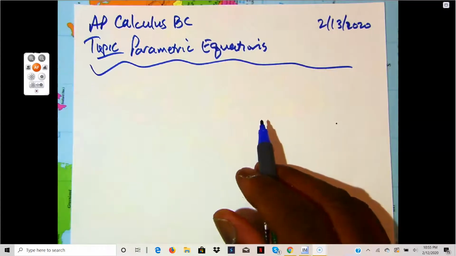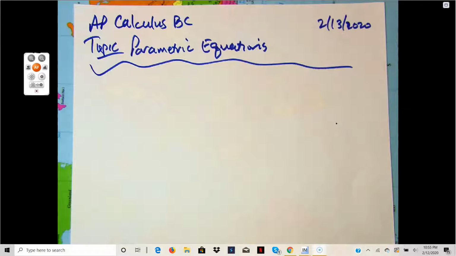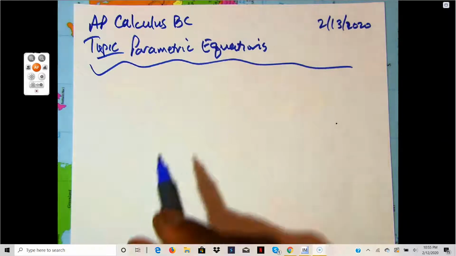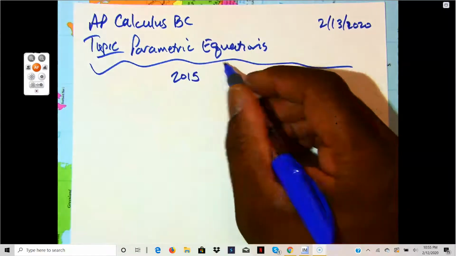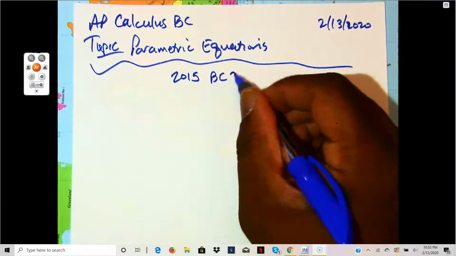All right, so please make sure you have a calculator, because the FRQ that we're going to cover will be a calculator FRQ. So we're going to take a look at FRQ 2015 BC2.